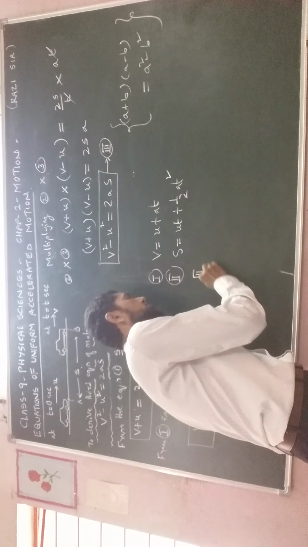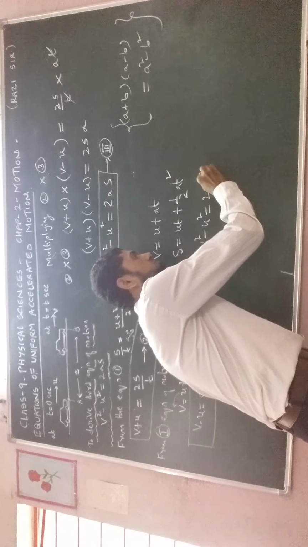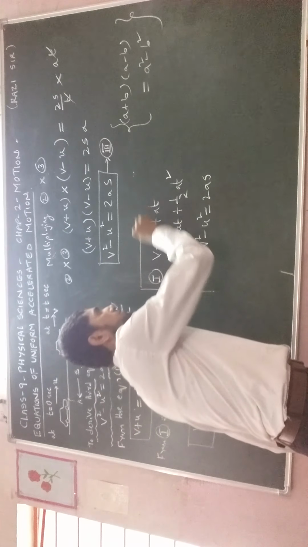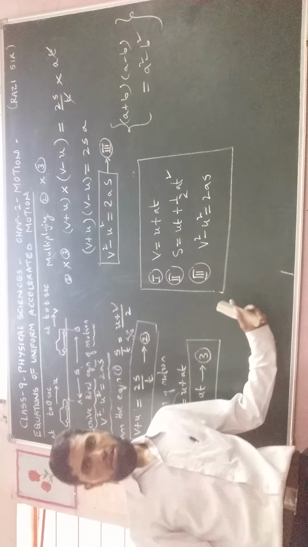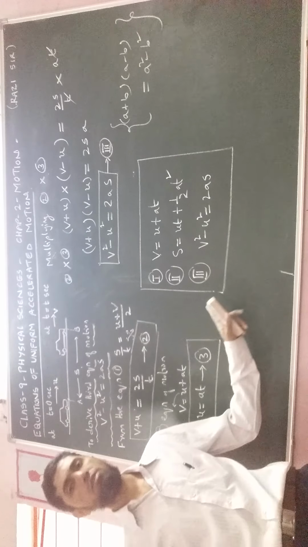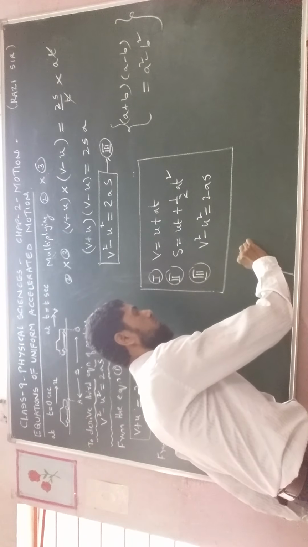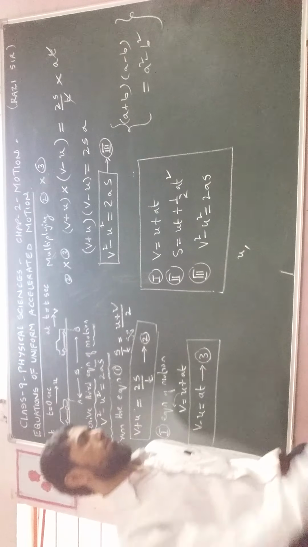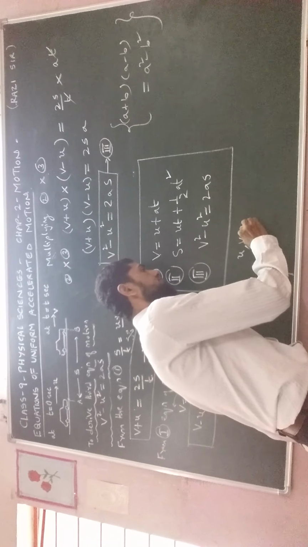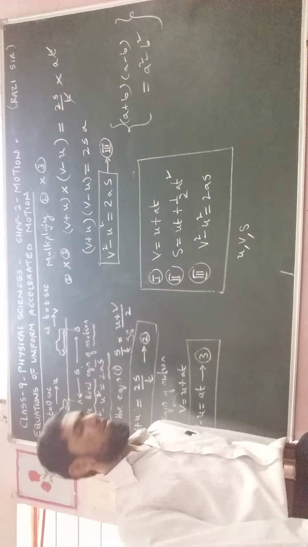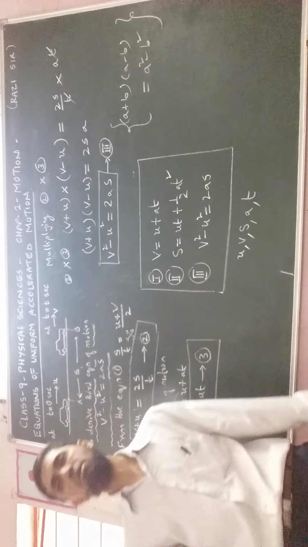And the third equation of motion is v square minus u square equal to 2as.